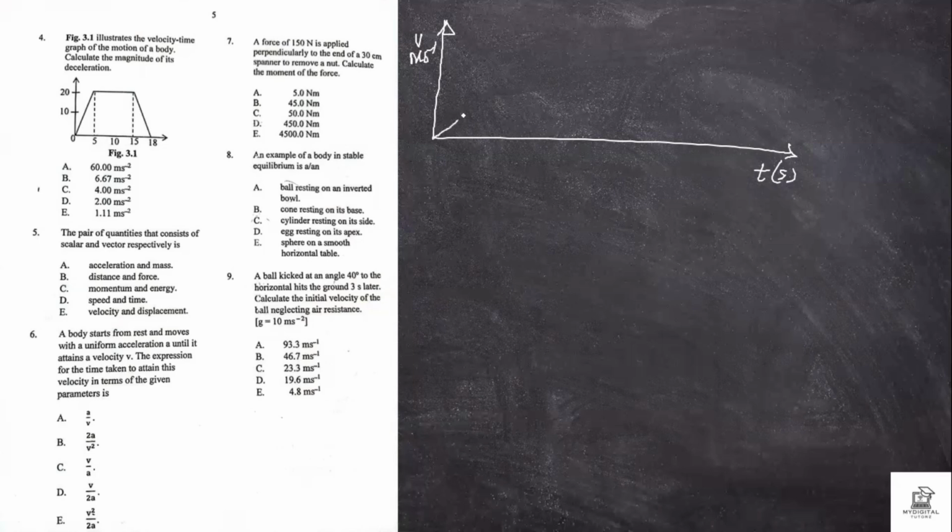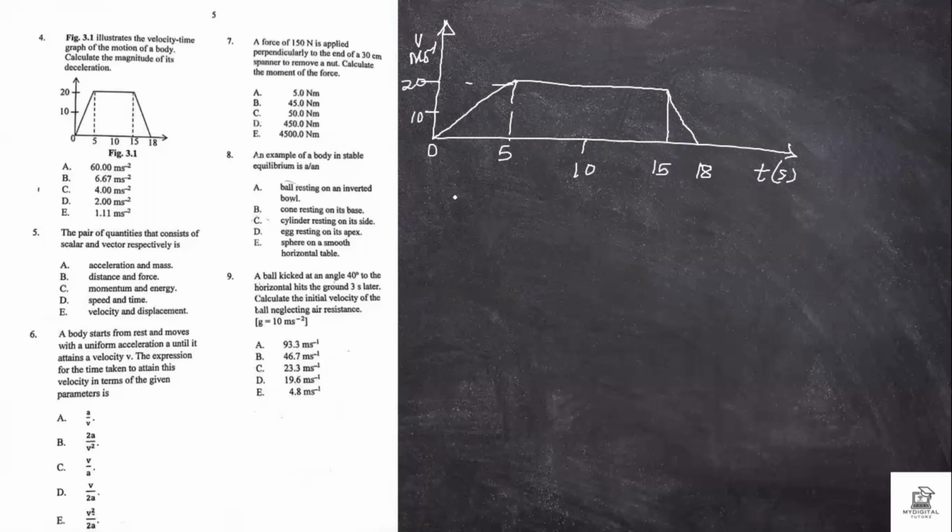So we have the velocity time graph in this manner. Here is 15, and here is 18, and here is 0, here is 5, and here is 10. Then we have the maximum velocity here to be 20.